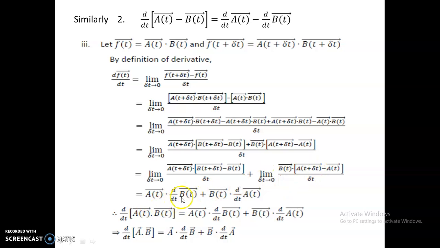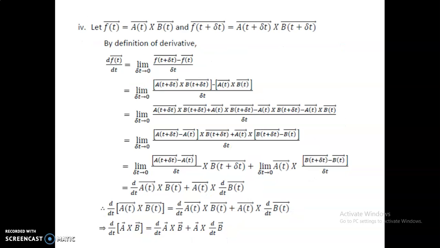So the differentiation of the dot product of two vector functions is a of t dot product with the differentiation of b of t, plus the dot product of b of t with the differentiation of a of t with respect to t.